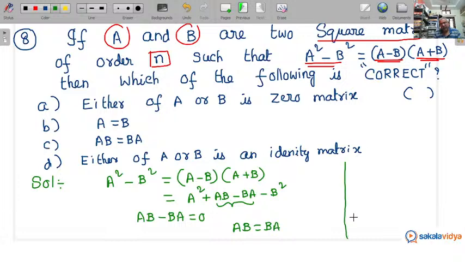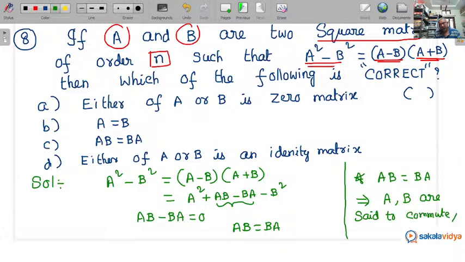If ab is equal to ba, we have one beautiful term: A comma B are said to commute, and that means they follow the commutative property. So if A comma B commute, it means AB is equal to BA, given indirectly. So that means C is the right option.